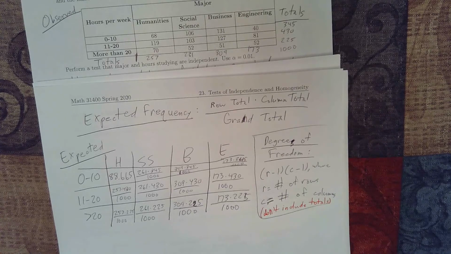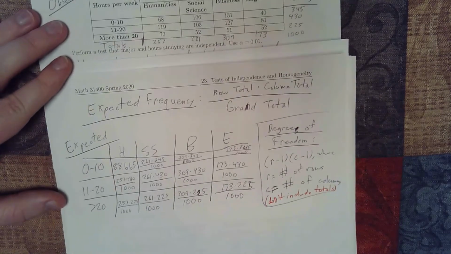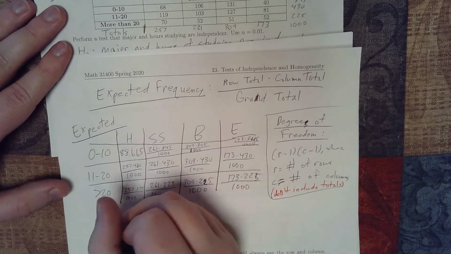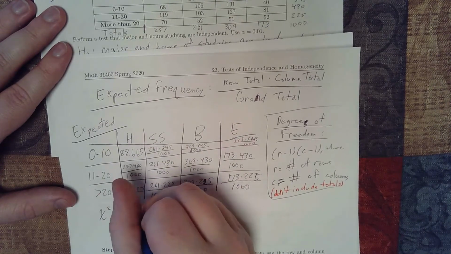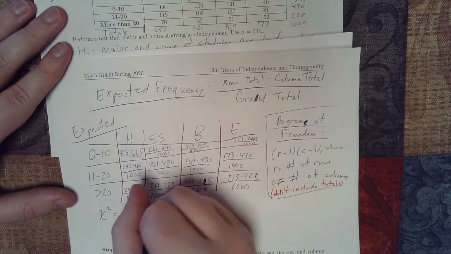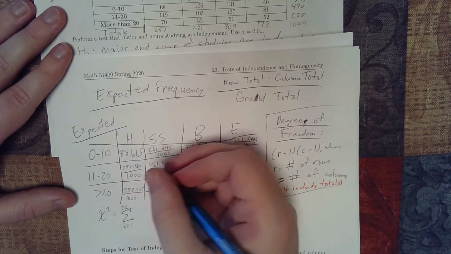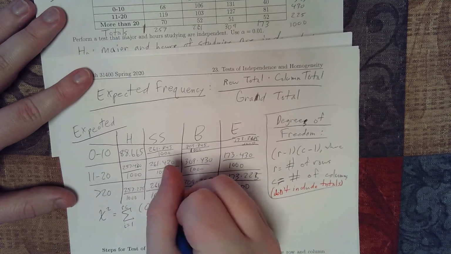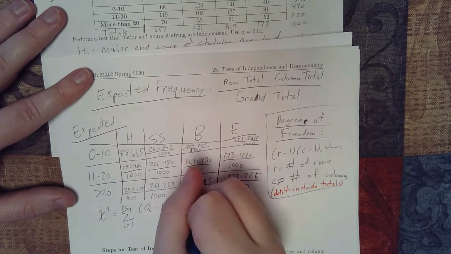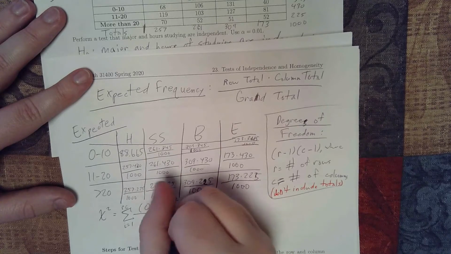So our test statistic is chi-squared, which, remember, we have to do for each entry: the observed minus the expected, squared, over the expected.